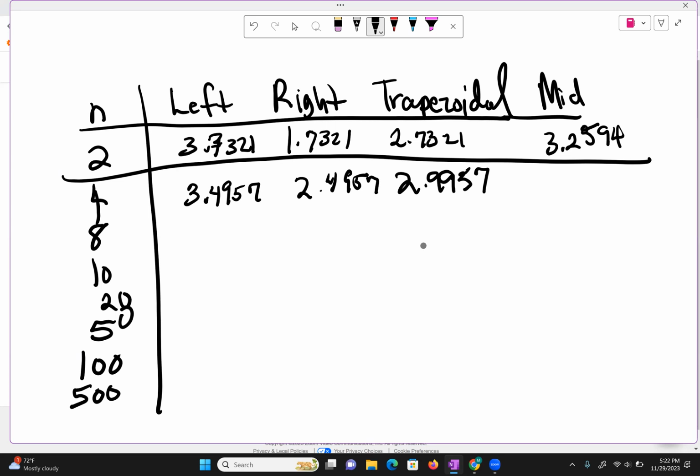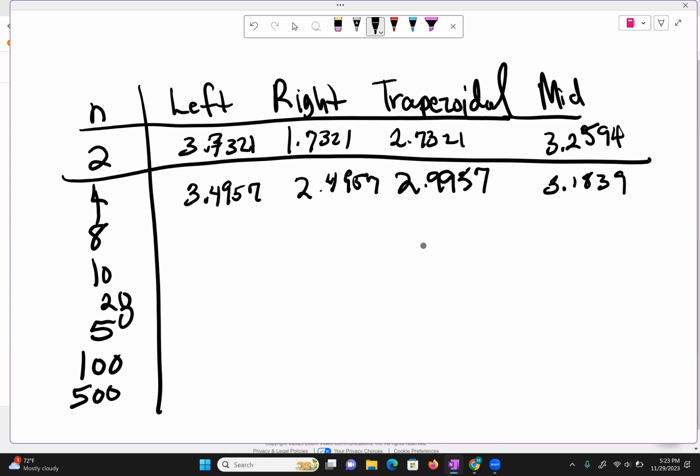And midpoint, you get 3.1839. So you can see that there's some semblance there. So each triangle has a width 2 divided by n, and it's being divided down here. And so these are the values you obtain.